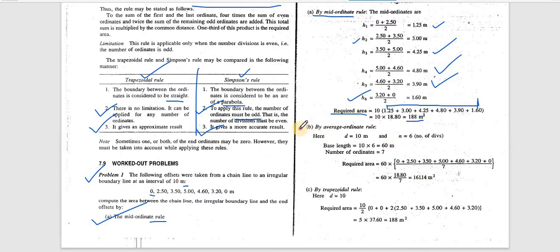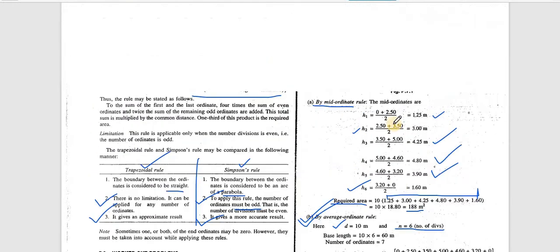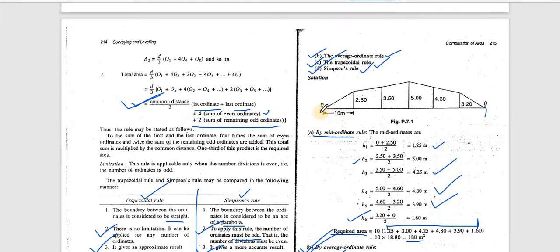After that, the next method is the average ordinate method. In the average ordinate method, the distance is 10 meters. Now the number of divisions: how do you calculate it? You count from the start to the end.